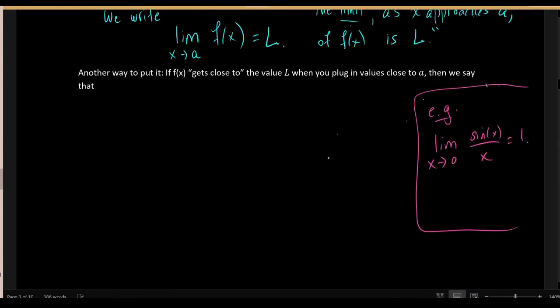Another way to think about it, if your f of x values get closer and closer to the value L, if you plug in x values that are closer and closer to the value a, then we would again say that the limit as x approaches a of f of x is equal to L.